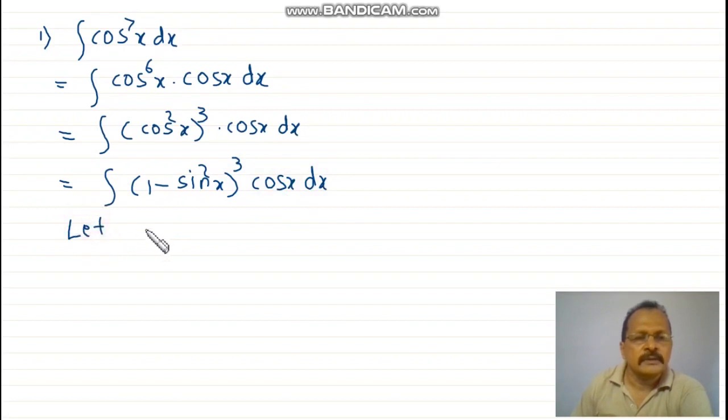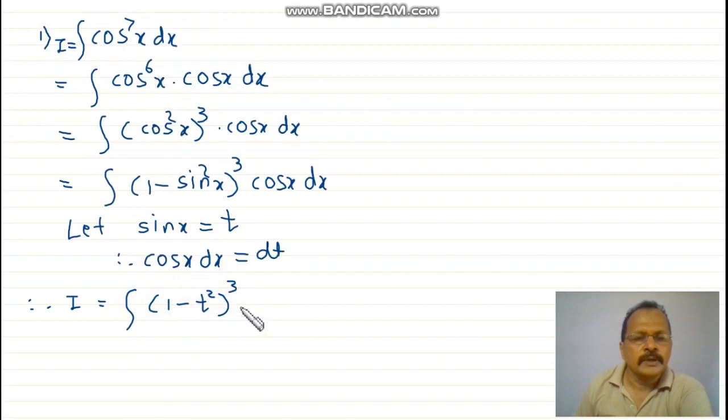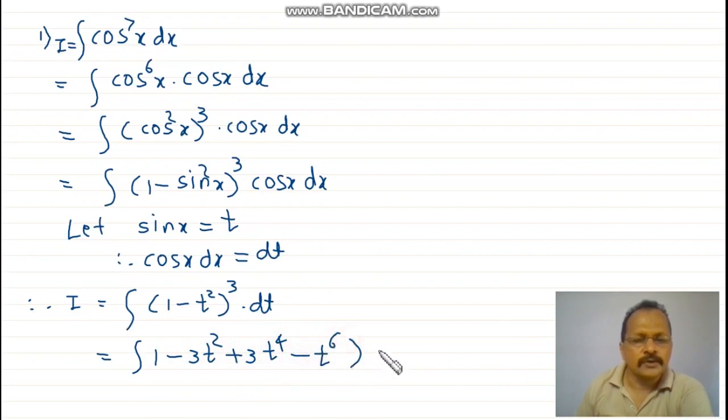Let sin x equal t. Therefore, cos x dx is equal to dt, and therefore I is equal to integration (1 minus t square) bracket cube into dt, equal to integration 1 minus 3 t square plus 3 t raised to 4 minus t raised to 6 into dt.